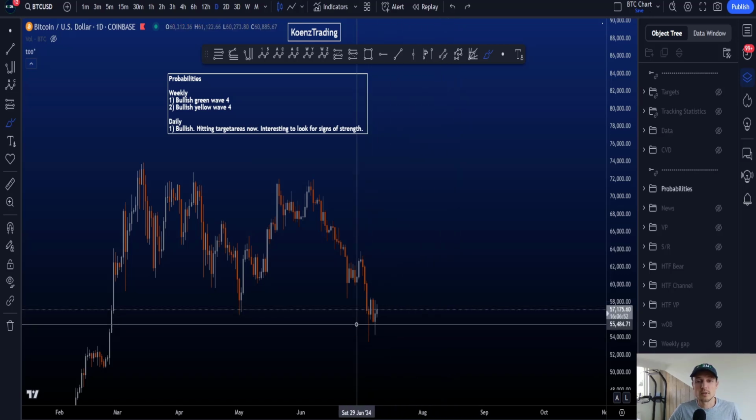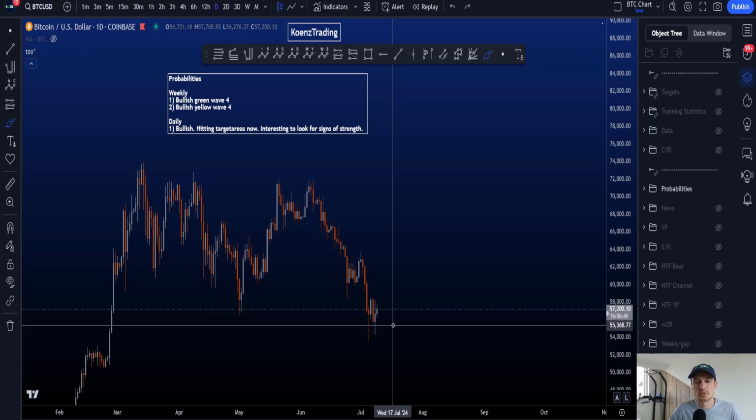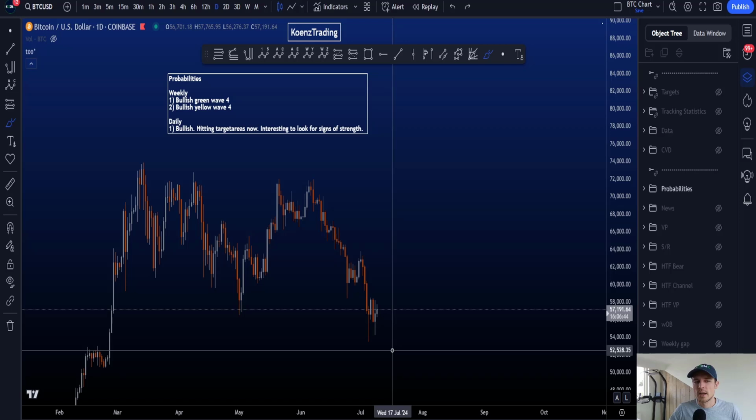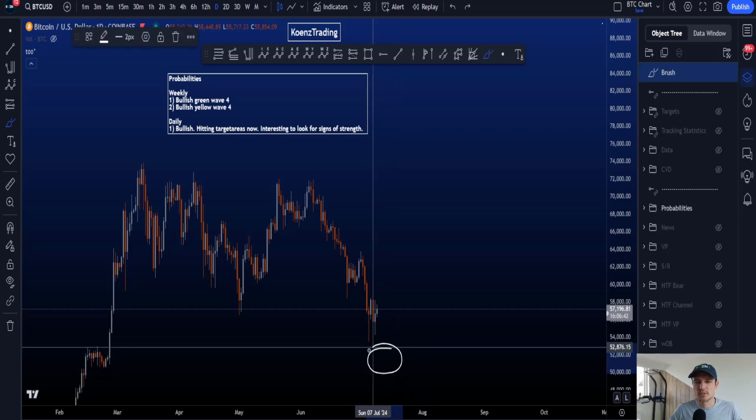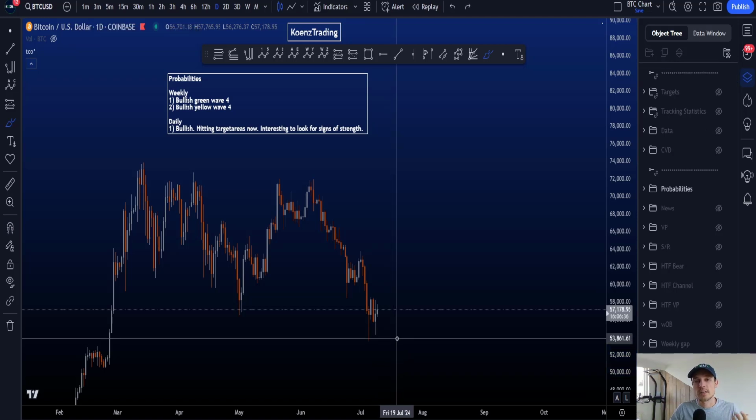We are in general, however, hitting target areas both for a wave C as well as a wave Y, so it starts to be interesting to look for signs of strength. And we do know that we still have some very interesting support to the downside, pretty much between 53k and 49k. So that is definitely an area of interest in case price is coming down there.